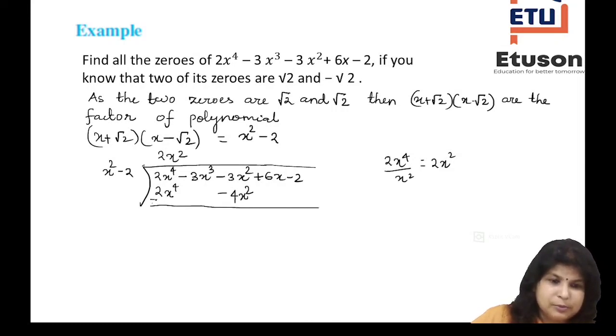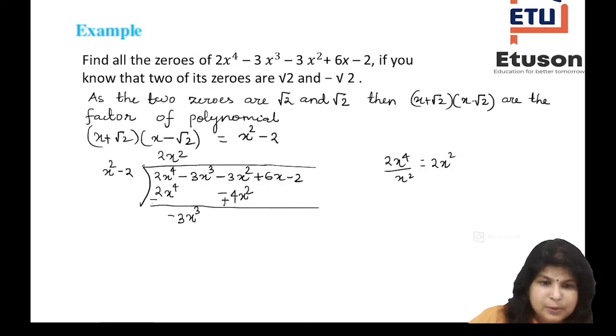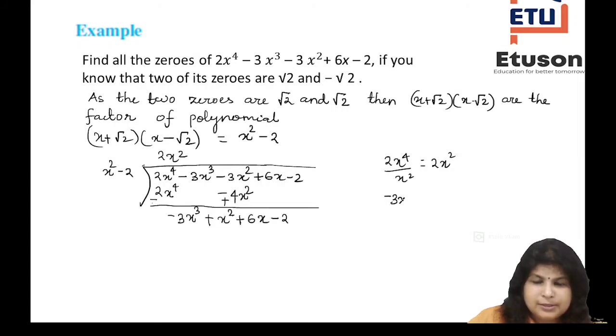Here, minus, so this minus 3x cube will directly come down and here this becomes plus. So your answer is plus x square plus 6x minus 2. Now you have minus 3x cube as the highest power divided by x square.